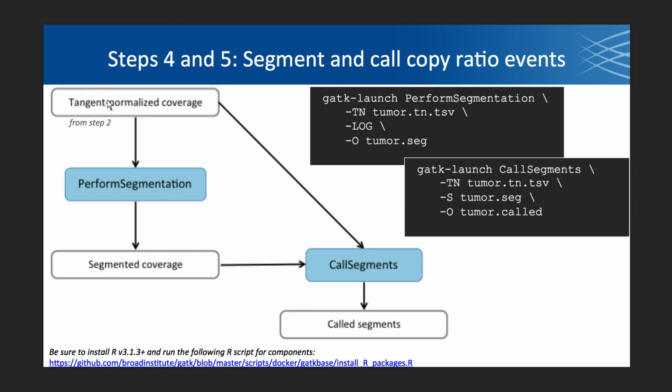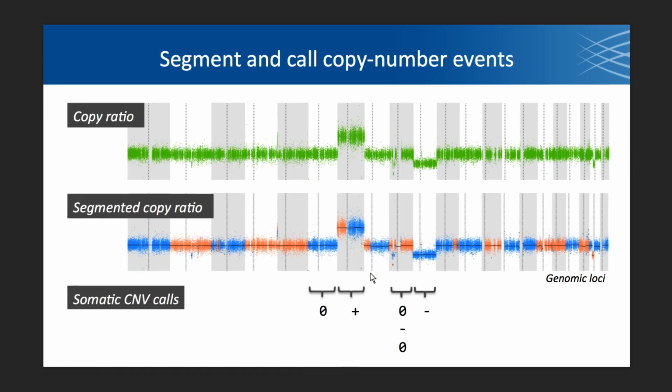Then you take, again, your tangent normalized coverage and your segmented coverage and run them through call segments to get your called segments. So again, you're grouping contiguous targets with the same copy ratio. We're consolidating, and when you call, you are making one of three calls: neutral, amplification, or deletion.